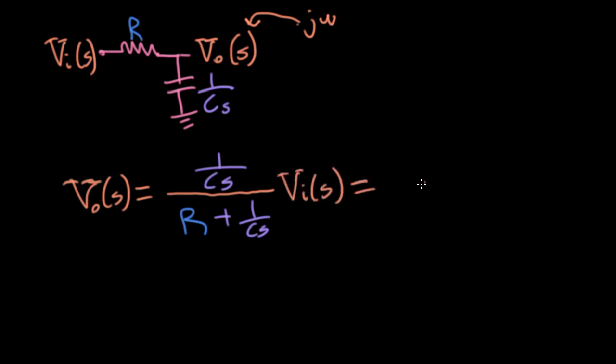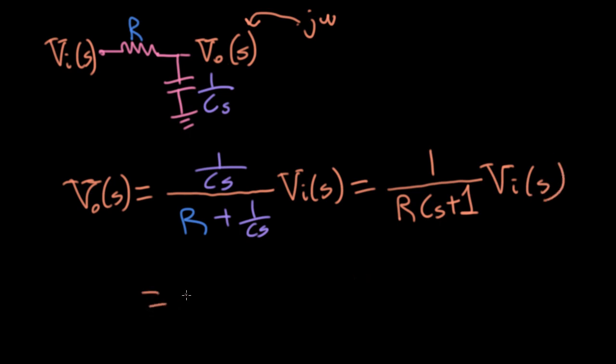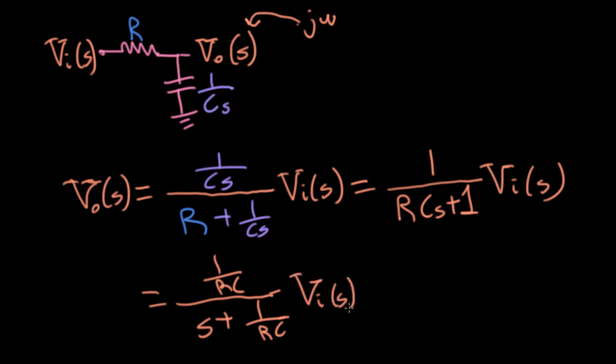And let me clear the fraction here, so I'll write this as 1 over RCS plus 1. This results from multiplying the numerator and the denominator by CS. And let me rewrite this once more as 1 over RC divided by S plus 1 over RC. So here I've divided the numerator and the denominator by RC. This is all times VIS.